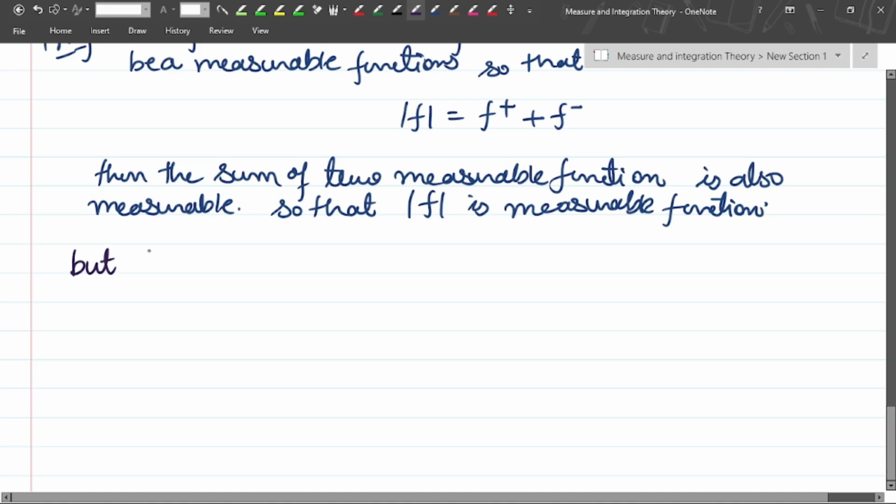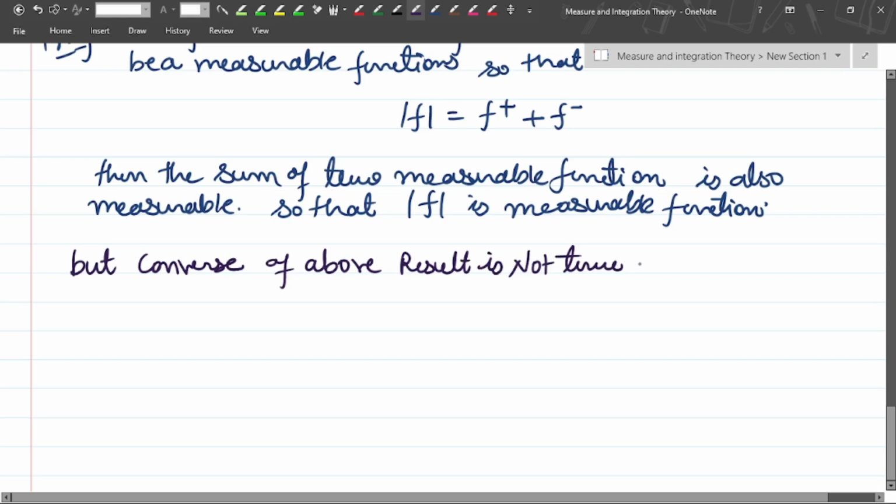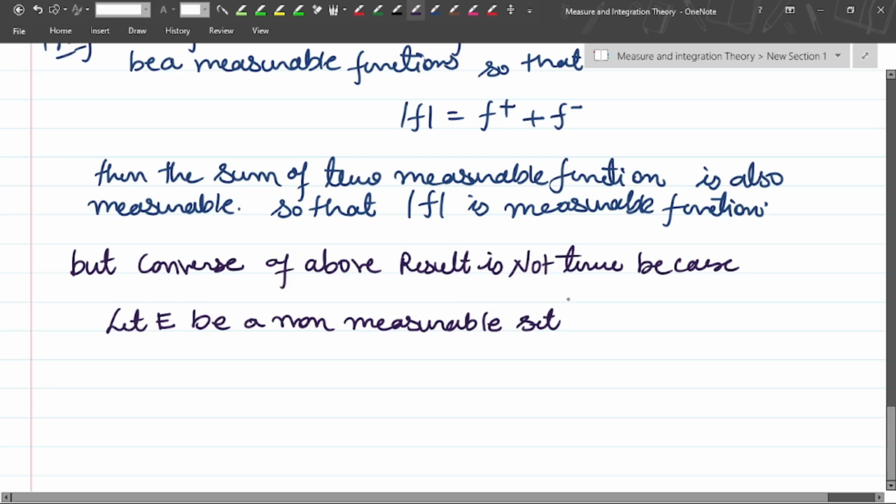But the converse of the above result is not true, because let E be a non-measurable set. We have just taken an example of a non-measurable set, and we will show that mod f is measurable. Let f be chi of E of x minus 1 by 2.